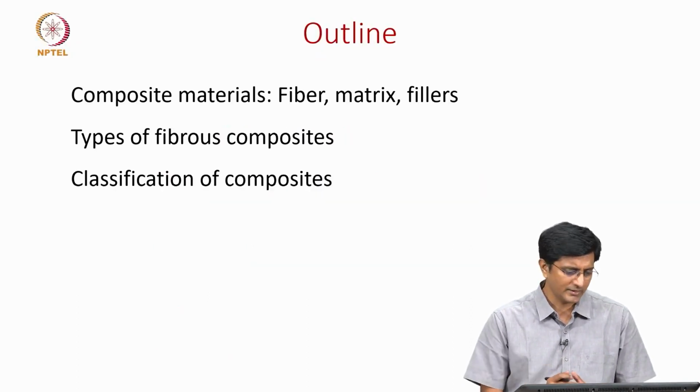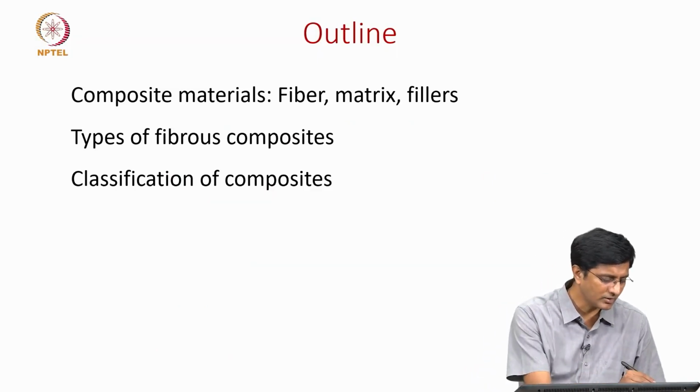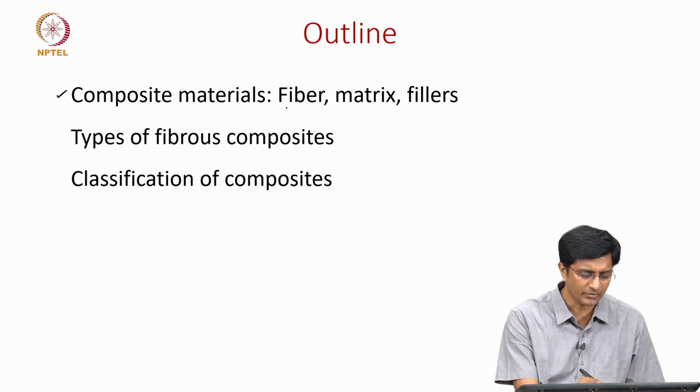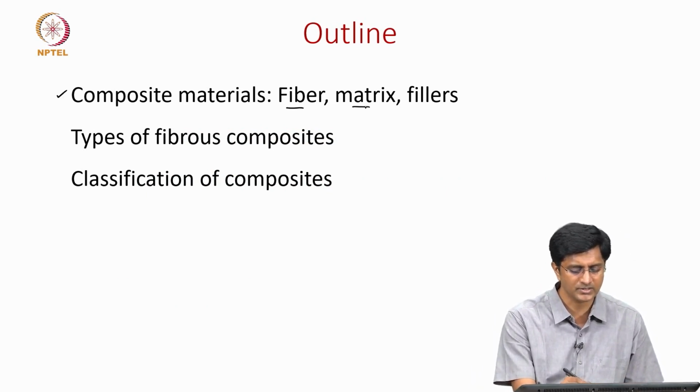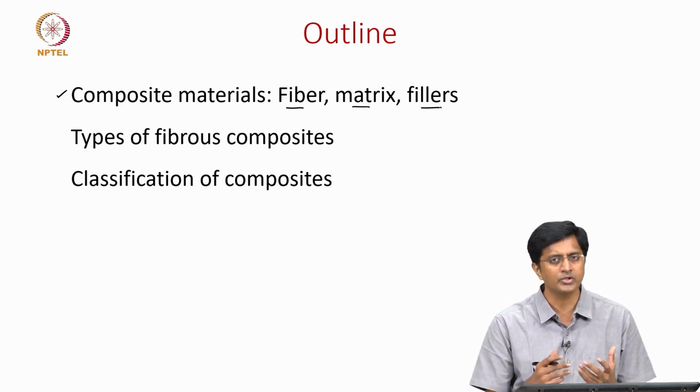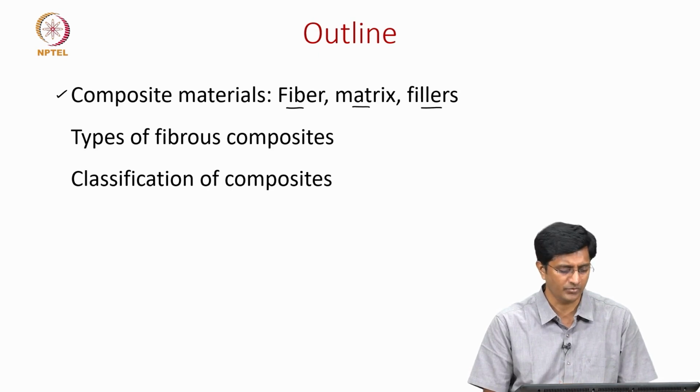So, let us see a brief outline of what we are going to discuss. We will start with different composite materials. We will focus on the different fibers available, the matrix materials available, as well as the fillers, which may not improve the mechanical properties, but there are other properties which they can modify.